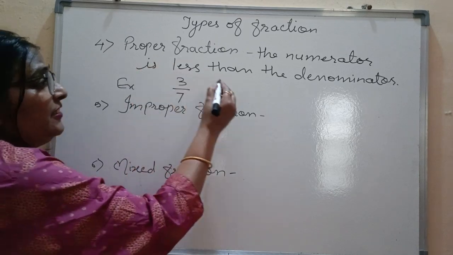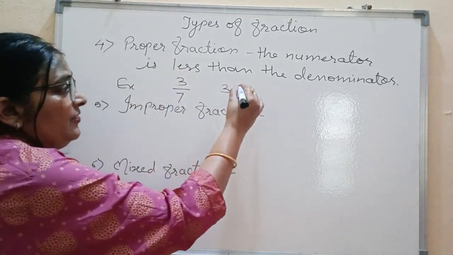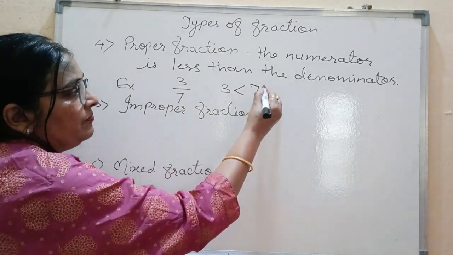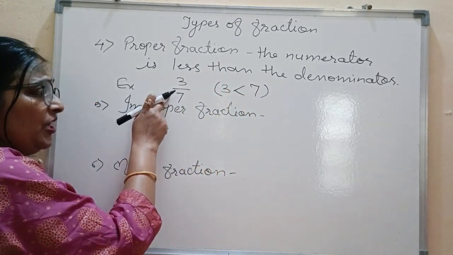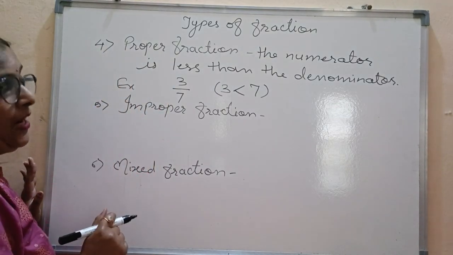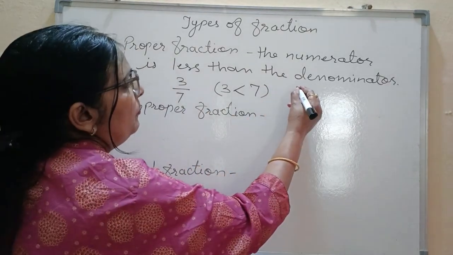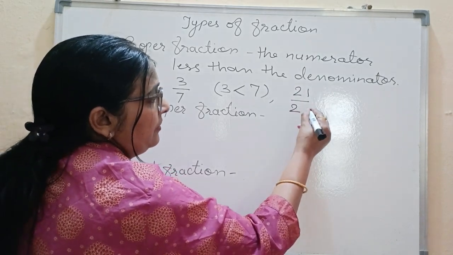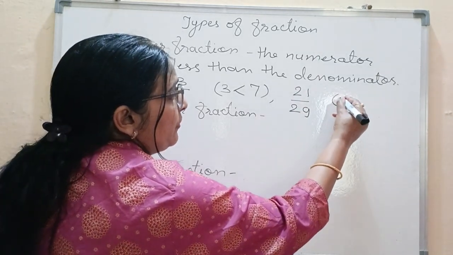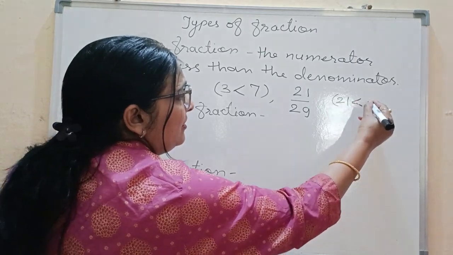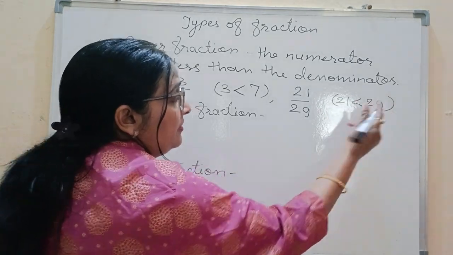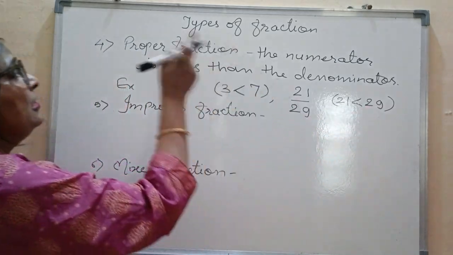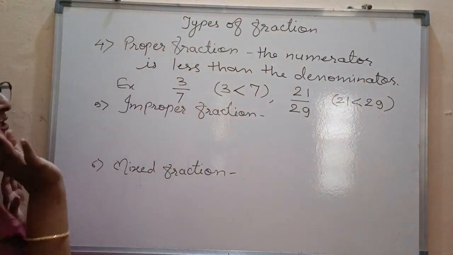Here 3 is the numerator, which is less than the denominator, that is 7. So 3 by 7 is a proper fraction. One more example, 21 by 29. Here 21 is less than 29, that is, n is less than d. Therefore, this is also a proper fraction.